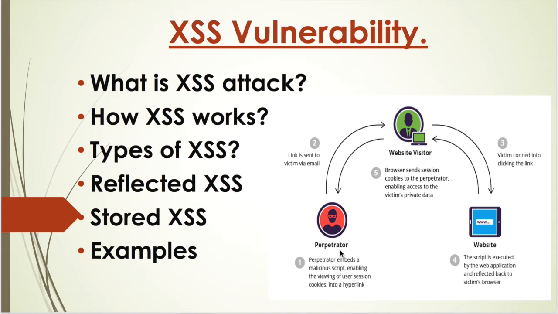The victim, when he clicks on that URL, is actually sending his cookie information to the perpetrator, and in that way the attacker could later use that cookie and log in as the visitor on that website and start doing malicious activity.